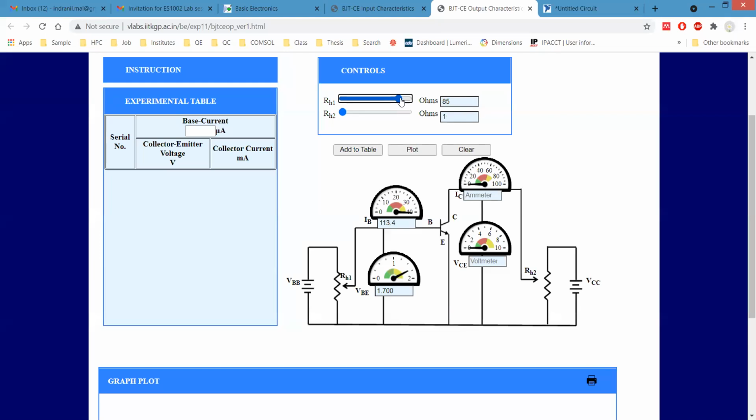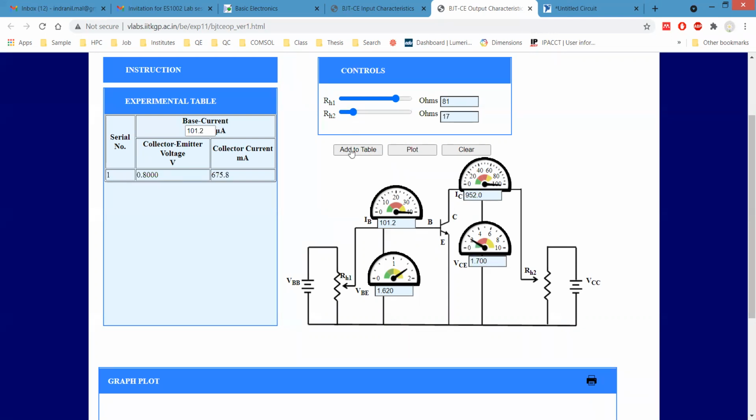For the IB value of 100 microampere, whatever current we are having, let's have this 100. Okay, consider this value as 100. Okay, 101.2 microamps IB value. For that one, we would like to have the same set of data for output characteristics.